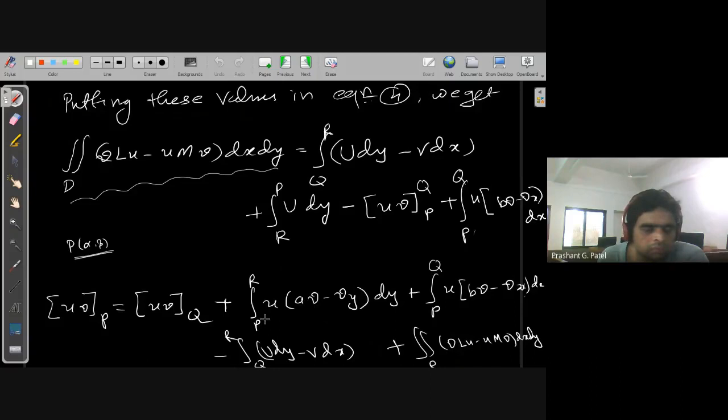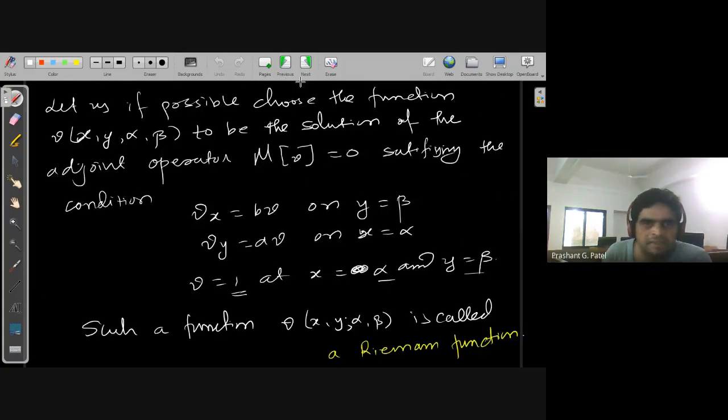Now at PR, the value at PR, we have a curve like this. This is the situation we have. This is our point P, that is alpha beta. At this point, the value of V is 1.